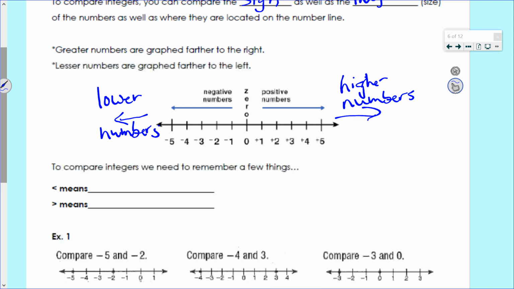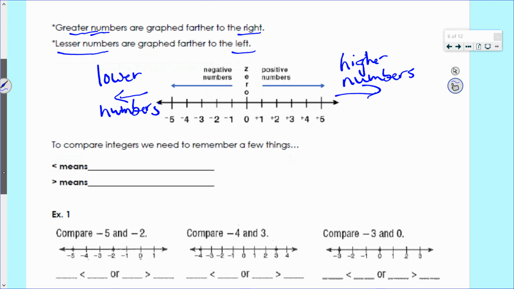So to do a comparison, greater numbers are farther right, lesser numbers are further left. So depending on which way I'm supposed to make my order will depend on which side of the graph I start on. If I'm listing greatest to smallest, I want to start on the right side of my number line. If I'm graphing least to greatest, I want to start on the left side of my number line.